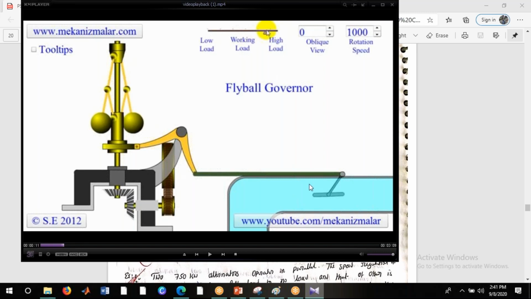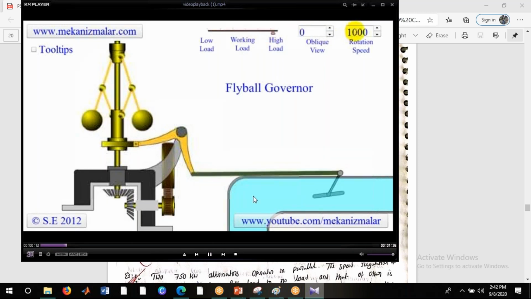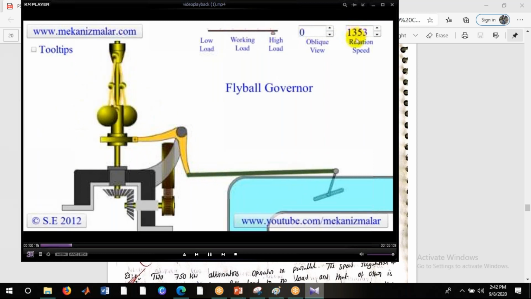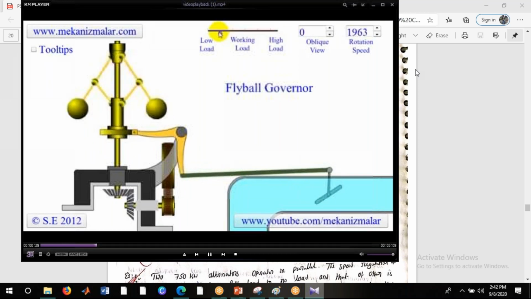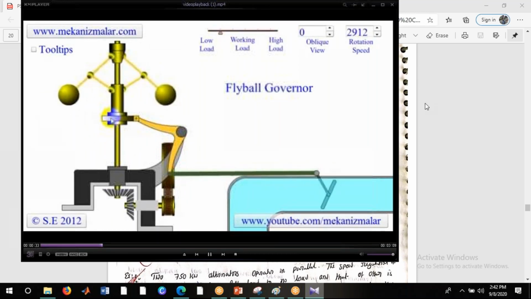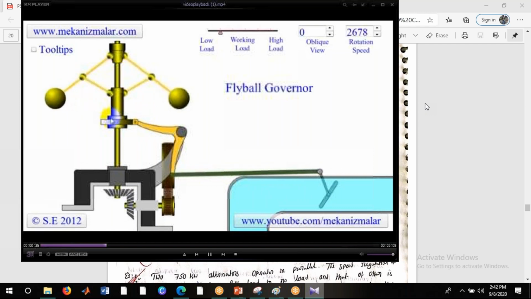So let me see how this performance should be happening based on the load chosen and the speed of the rotation. See here, while choosing the load it should be opening like that.